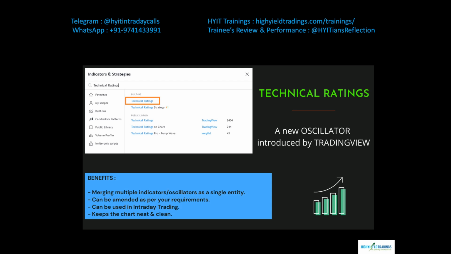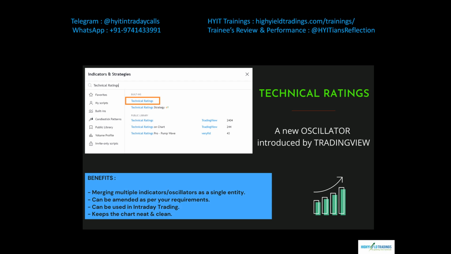The oscillator that I'm talking about is called technical ratings, and the language in which it has been developed is Pine Script, because that's the programming language used by TradingView. Now, coming to the oscillator, what TradingView has done here is merge numerous indicators and oscillators with their respective values that are proven to be stronger.